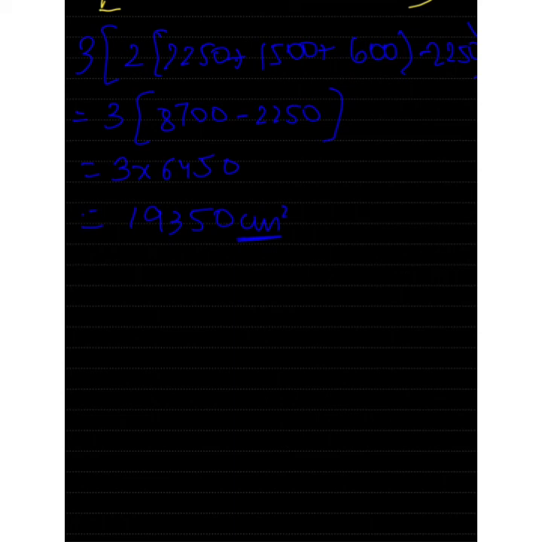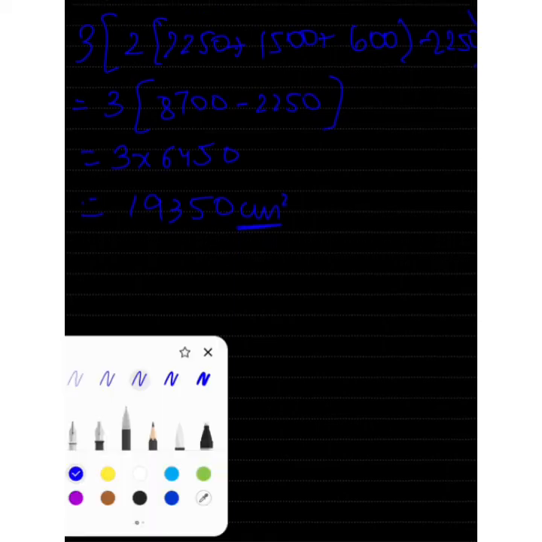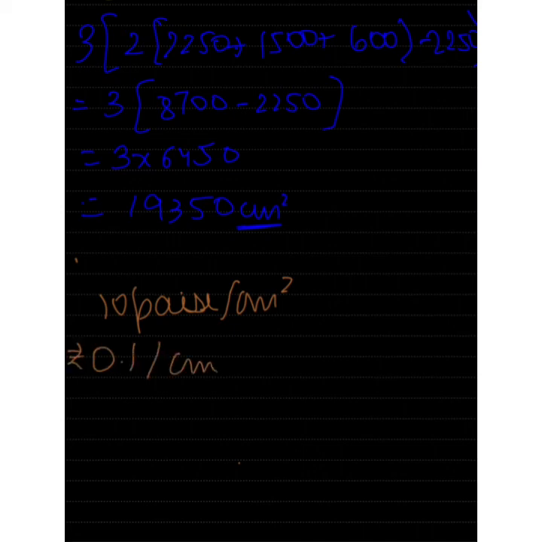Now this is the area. Now cost given to us was 10 paise. So 10 paise per centimeter square was the cost. Now we can write it as rupees 0.1 per centimeter square.